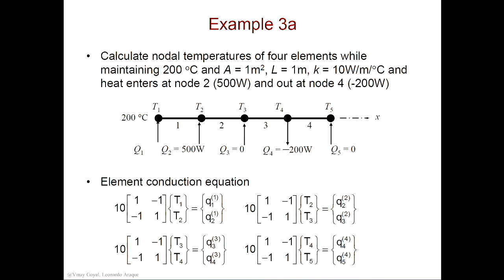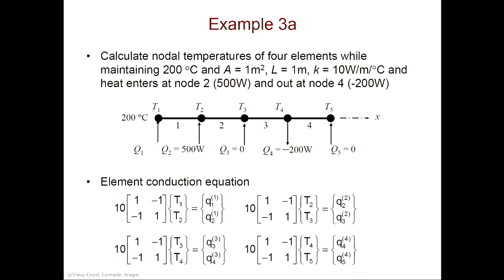I want to take 200 watts out from that, apply no heat here, and input 500 watts here on purpose. I give you the length, 1 meter for the whole thing. The cross-sectional area A is 1 meter squared. All of that is done on purpose. K is 10, so I can just quickly do the calculation. Ka over L, I can do the calculation really quick. That's the purpose of that.